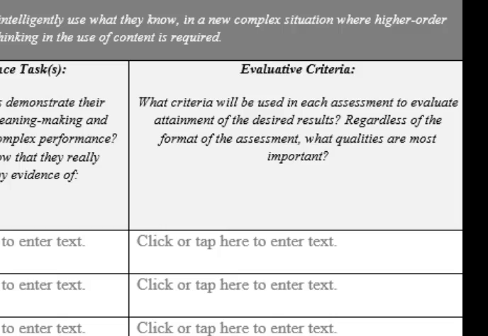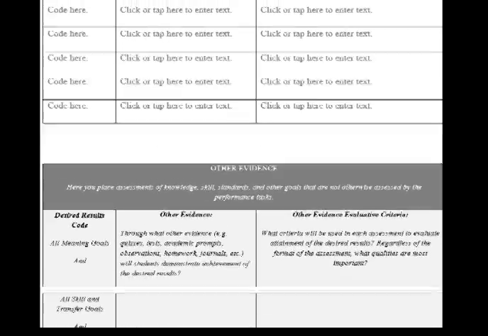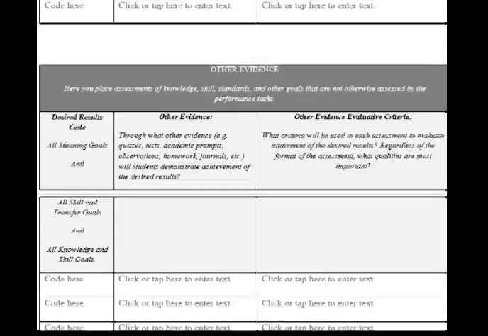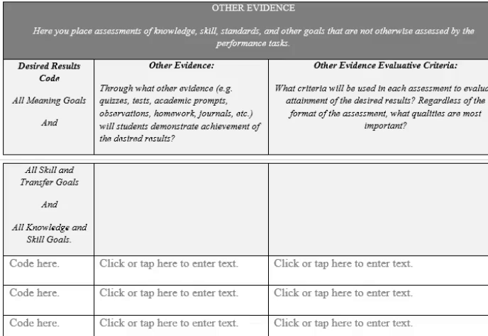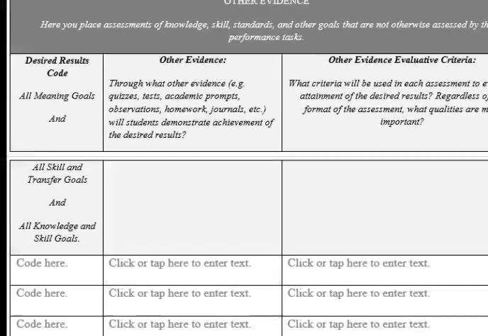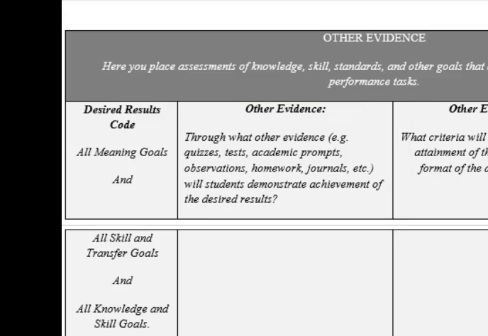The other way that we will assess a student's learning is through other evidence. Other evidence refers to such items as quizzes or tests, academic prompts, homework, journals, for example. And in other evidence, what you are essentially assessing is knowledge, skills, standards.